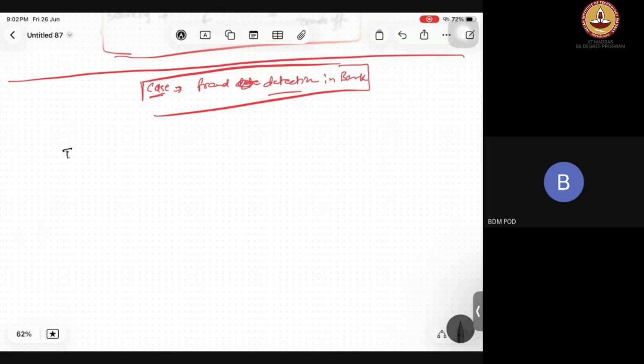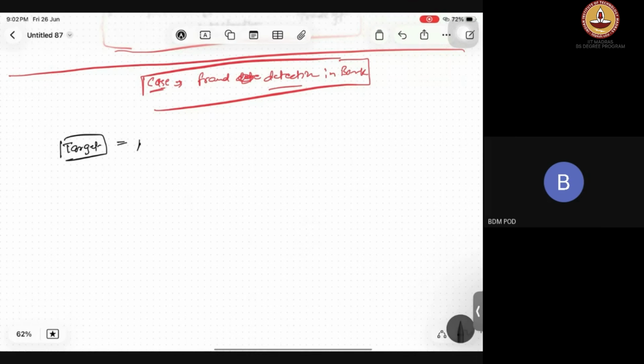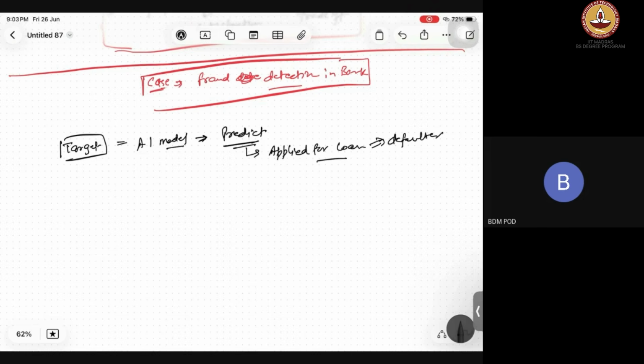Our target in this project is to build an artificial intelligence model, an AI model, which can predict whether the customer who applied for a loan is a defaulter or is clean and liable for the loan.